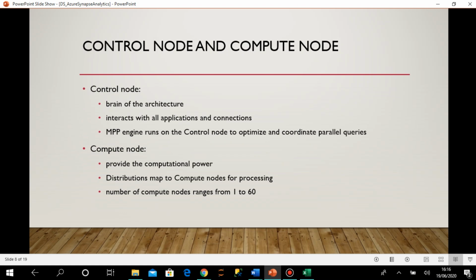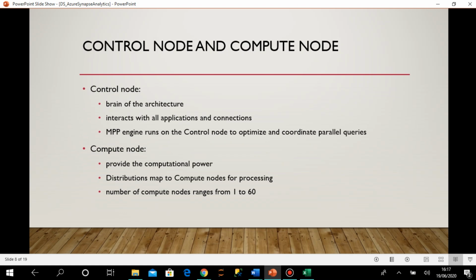And then it interacts with all the applications and connections that we have seen, and through the MPP engine it connects with the different compute nodes. And this MPP engine runs on the control node to optimize and coordinate parallel queries. So through the MPP engine only this parallel processing is possible. Through the MPP engine this work is distributed to multiple compute nodes and the work gets completed. Okay, so that is about this control node.